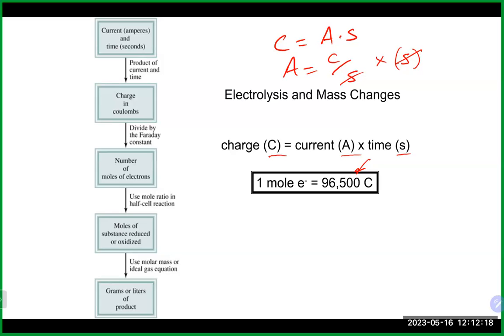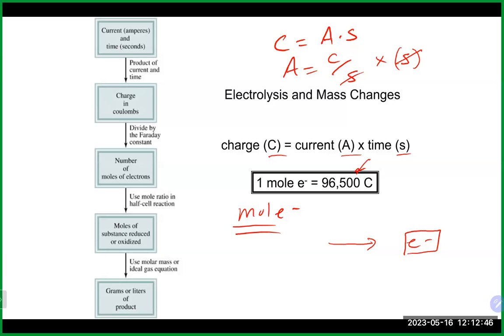And we're going to use that as a conversion factor to go from coulombs to moles of electrons. At this point, we're going to know pretty much how many moles of electrons we produce from the cell. And this is where the balanced half reactions for what's going on in your electrolysis cell is really important, because if you look at your reactions, depending on which one it is, there will be some electrons on one side of the half reaction.